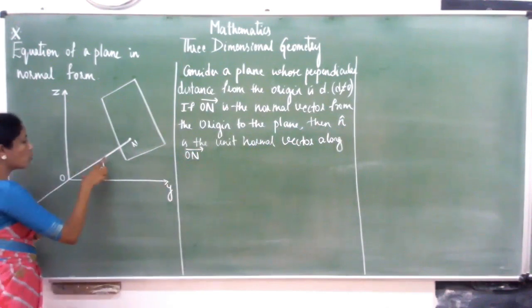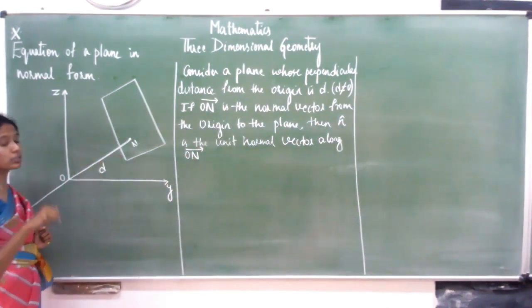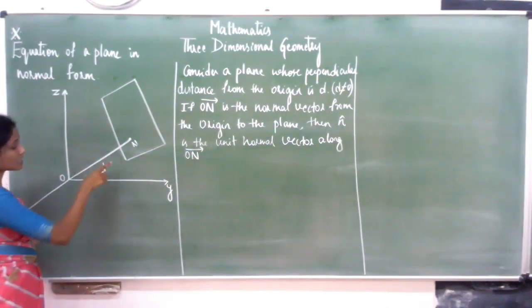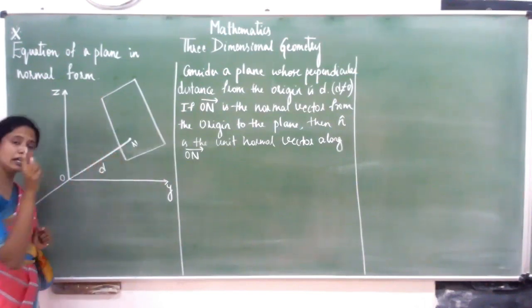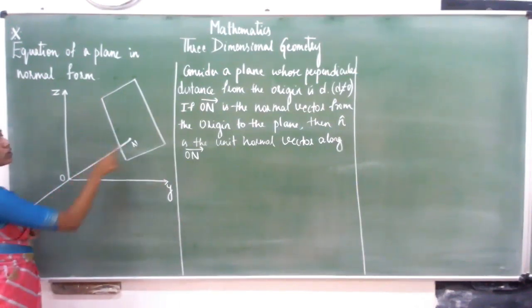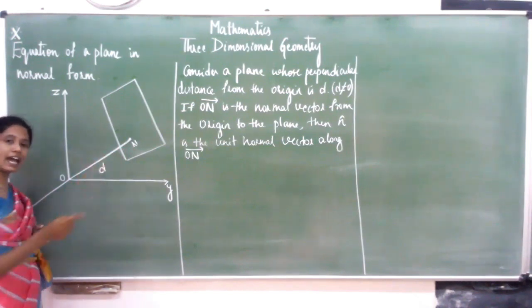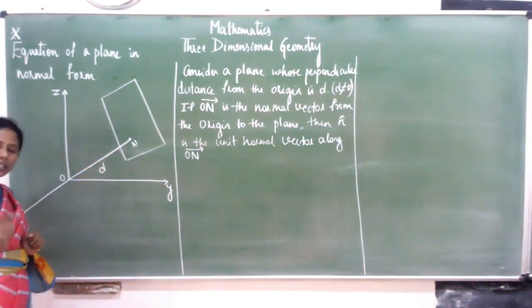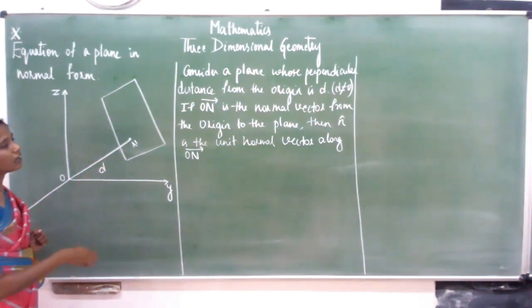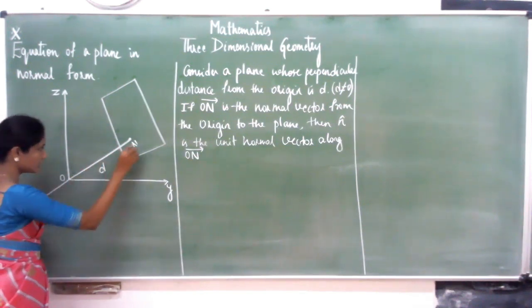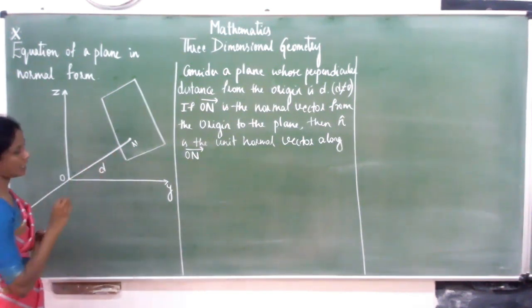That is, ON is a normal vector, which means it is perpendicular. If ON is the normal vector from the origin to the plane, then n cap is the unit normal vector along ON. That is, in this direction you have a vector n cap.